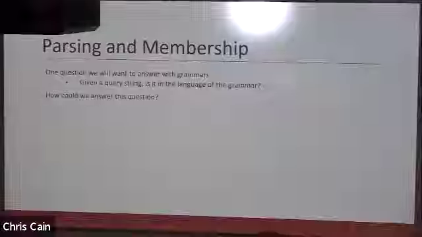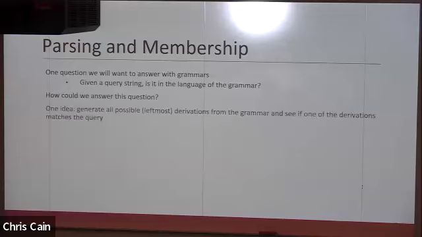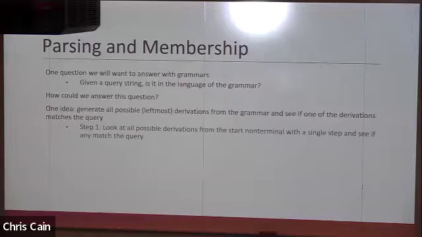So one way to brute force this, if we hate ourselves, is to generate every possible leftmost derivation from the grammar and then just ask, did we produce the string? Did we produce the string with every single possible leftmost derivation that we could make from that grammar? So how would we actually do that?